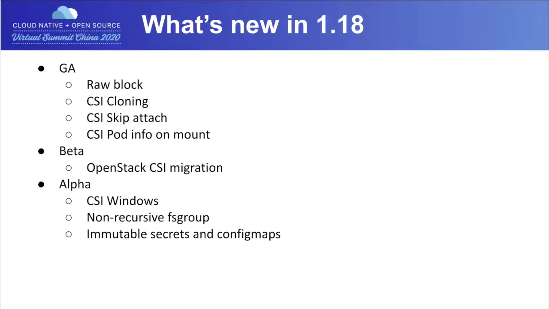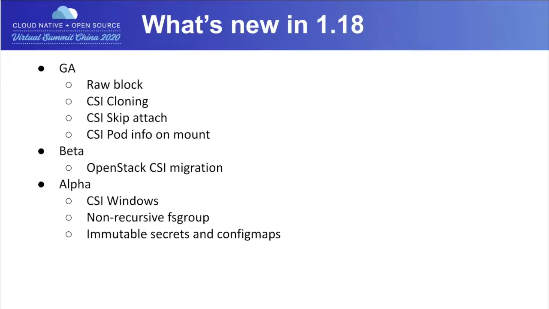And then in 1.18, we also introduced a number of new features that are alpha. First is CSI Windows. This is basically the ability to support CSI drivers on Windows nodes.